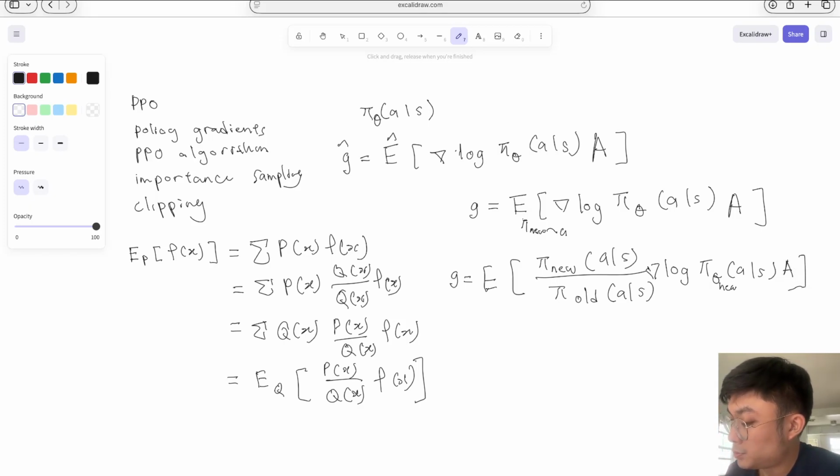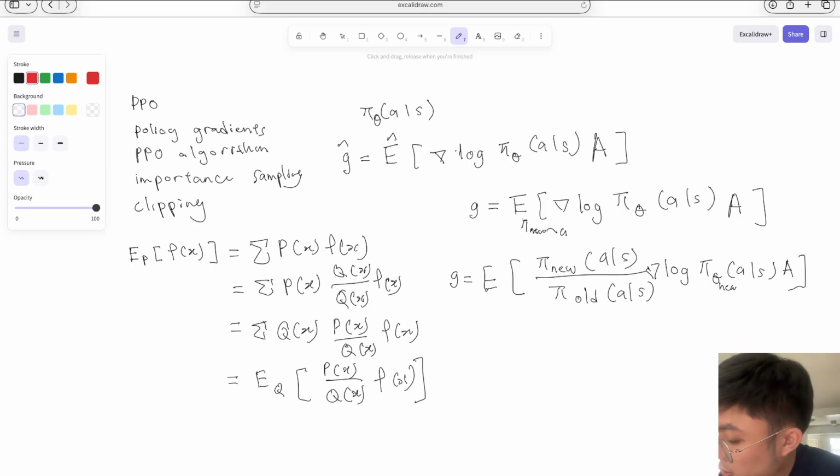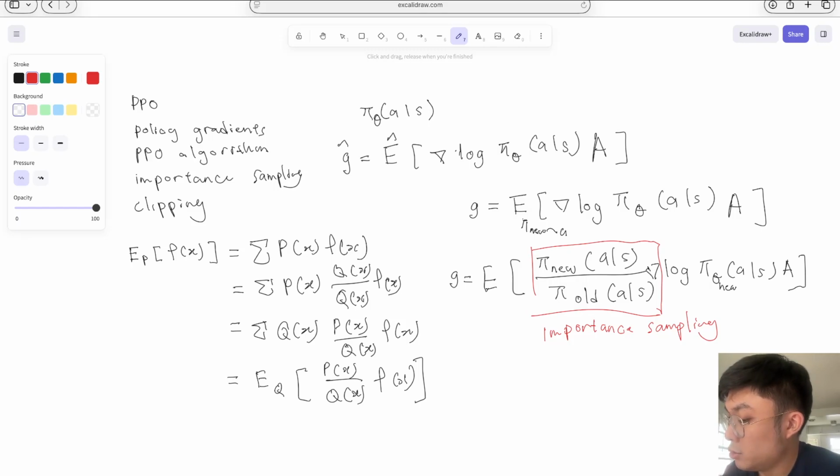Okay, so this is the importance sampling term, right? So this is the new policy gradient. So what loss function is the PPO algorithm optimizing for?